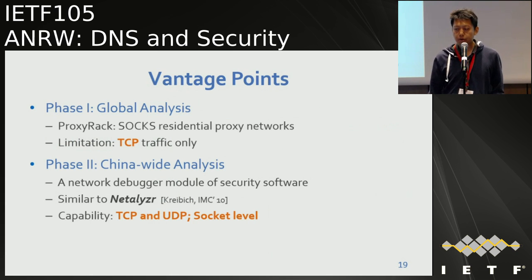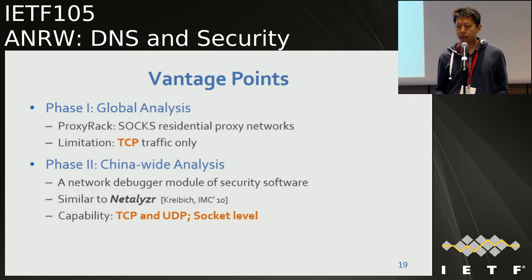But there are still 2 major challenges we need to address. First, how can we get a large number of vantage points? Some of those middleboxes are very close to the clients, so if we want to observe enough of those DNS interceptions, we need a large number of vantage points. We leverage 2 platforms.